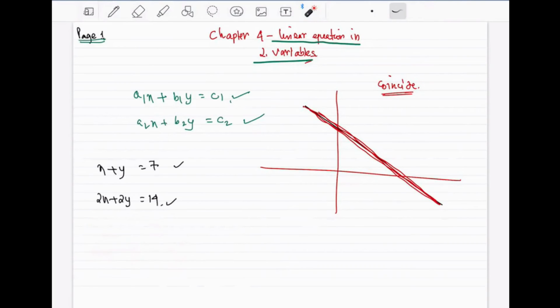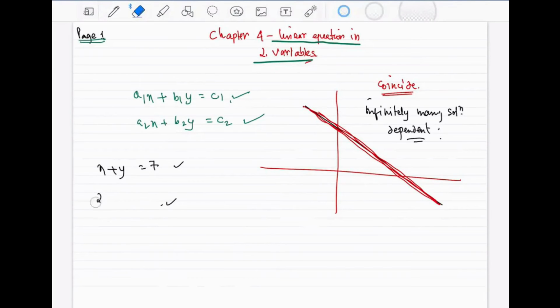So a condition that satisfies here will also satisfy the other equation. So if the two graphs are the same, we will say we have infinitely many solutions. And the term that we are going to use is dependent.